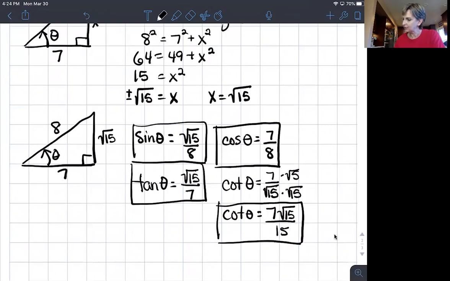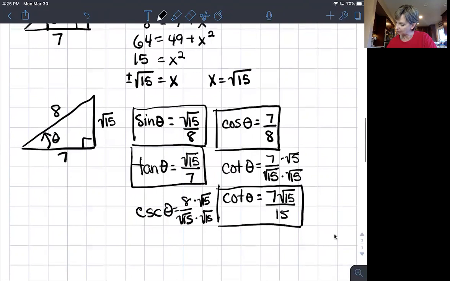Okay, now let's do cosecant. Cosecant is the reciprocal of sine, right? So that's going to be 8 over, well, we're going to need to give ourselves a little bit more space here. See if I can squeeze some of this in. It's going to be 8 over the square root of 15, but there's that square root of 15 there. So we need to do the same thing that we did for cotangent.